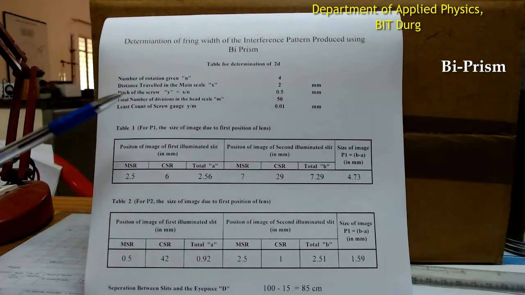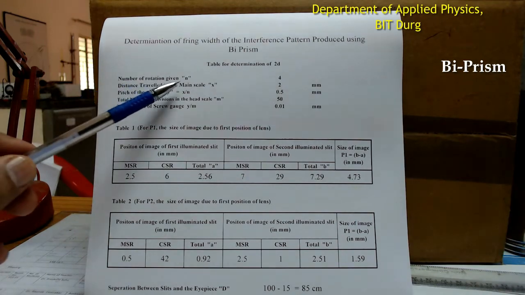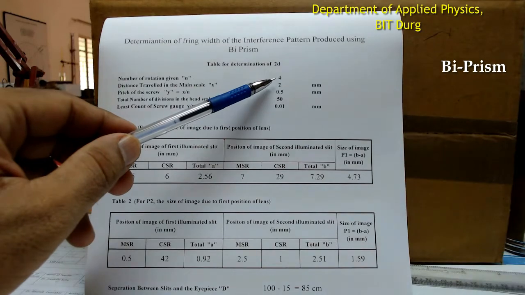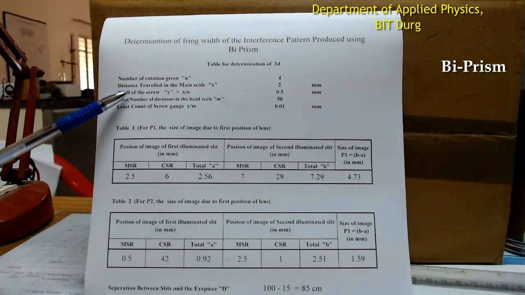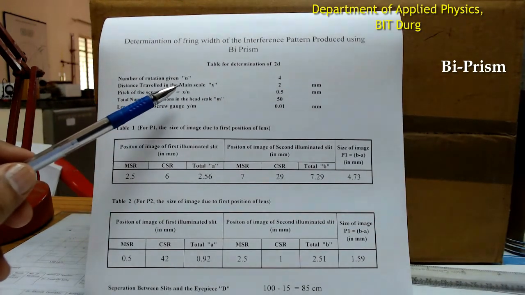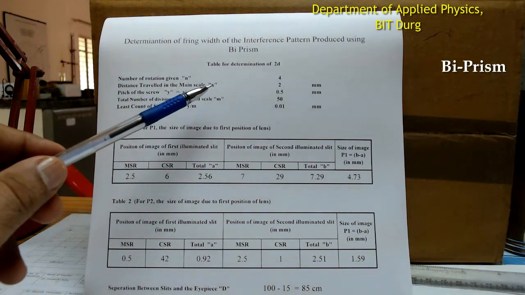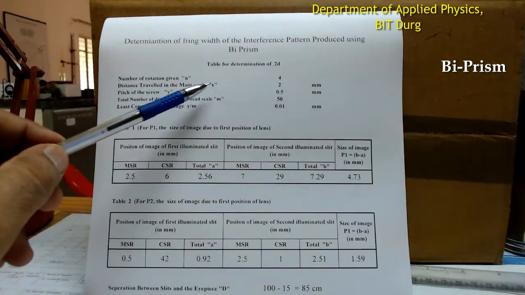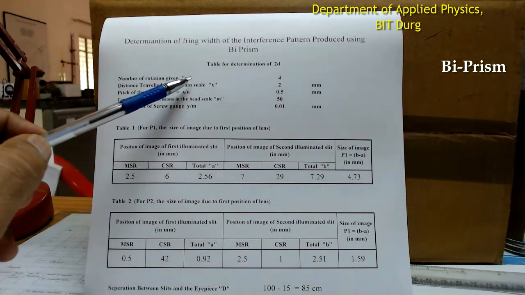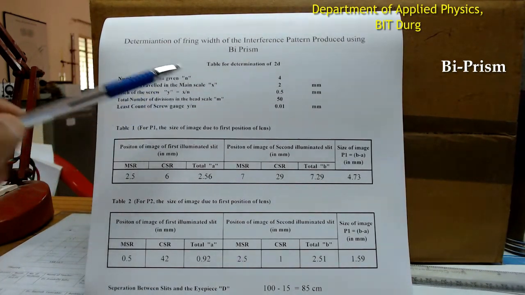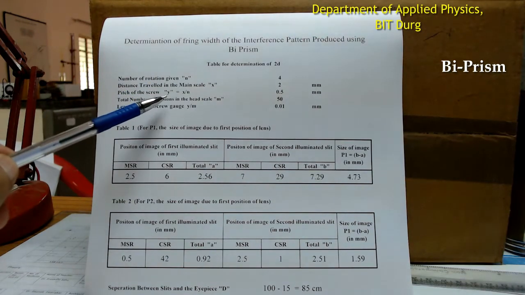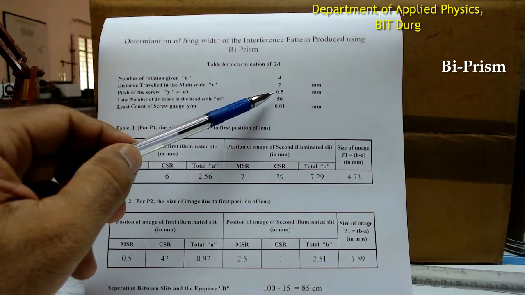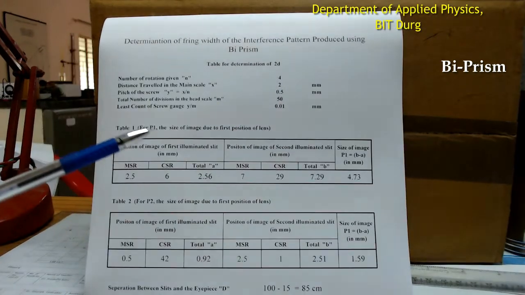We have given the head scale a certain number of rotations, denoted by n, and we gave the number of rotations equal to 4. The distance traveled for those rotations, shown by x, was 2 mm. So the pitch of the screw, y, is x divided by n, that is 2 divided by 4, which equals 0.5 mm.